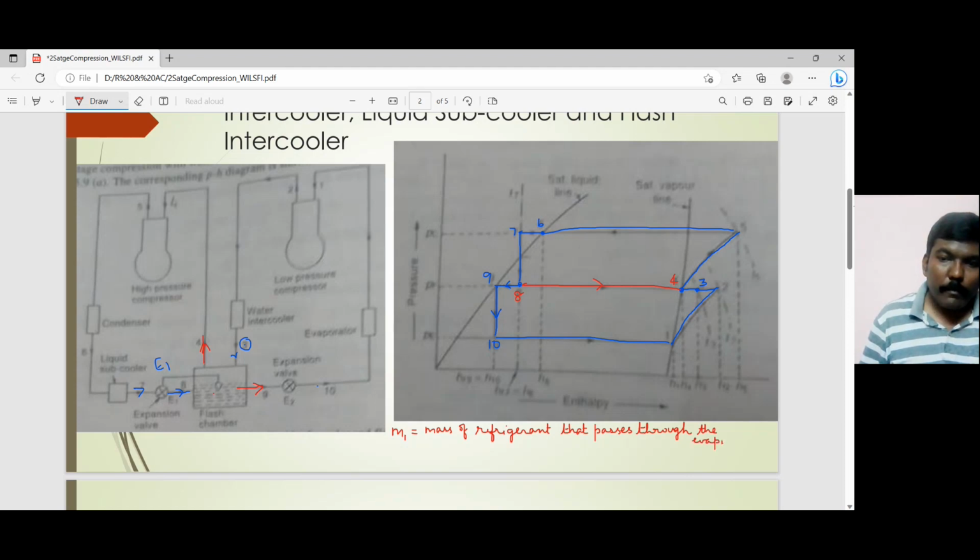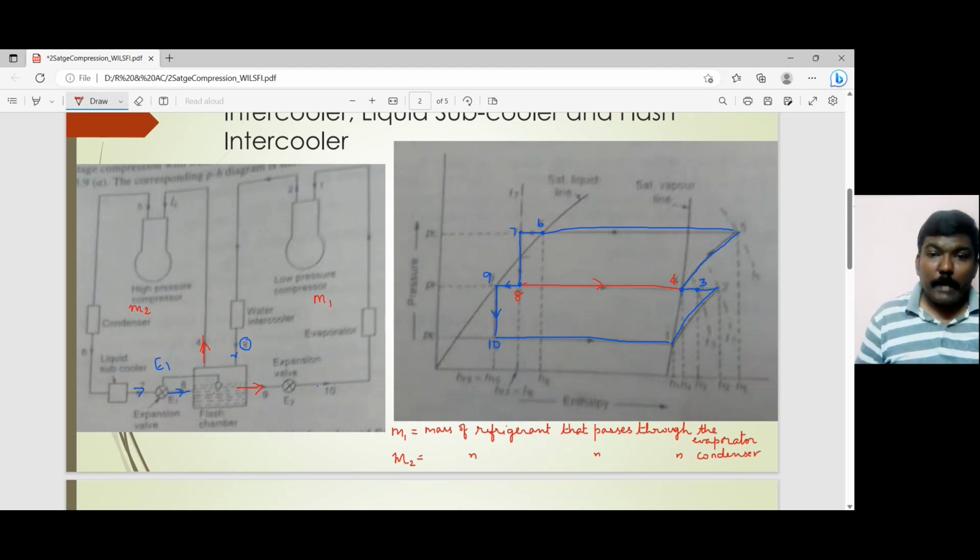So M1 passes through the evaporator. What about M2? M2 is the mass of the refrigerant that passes through the condenser. So in this circuit, the mass flow rate is M1, and in this circuit, the mass flow rate is M2. If you say mass flow rate, it is going to be M dot. If it is mass, it is simply M1 and M2.